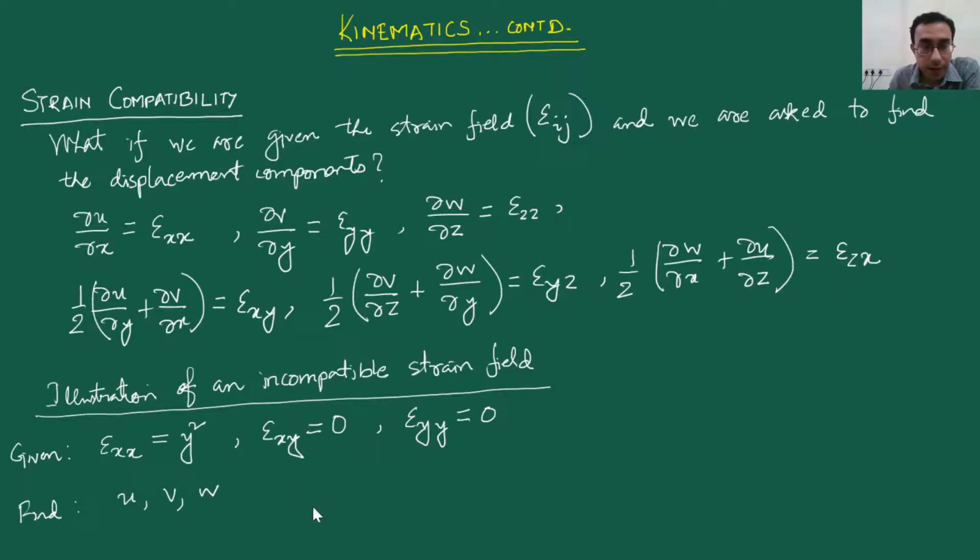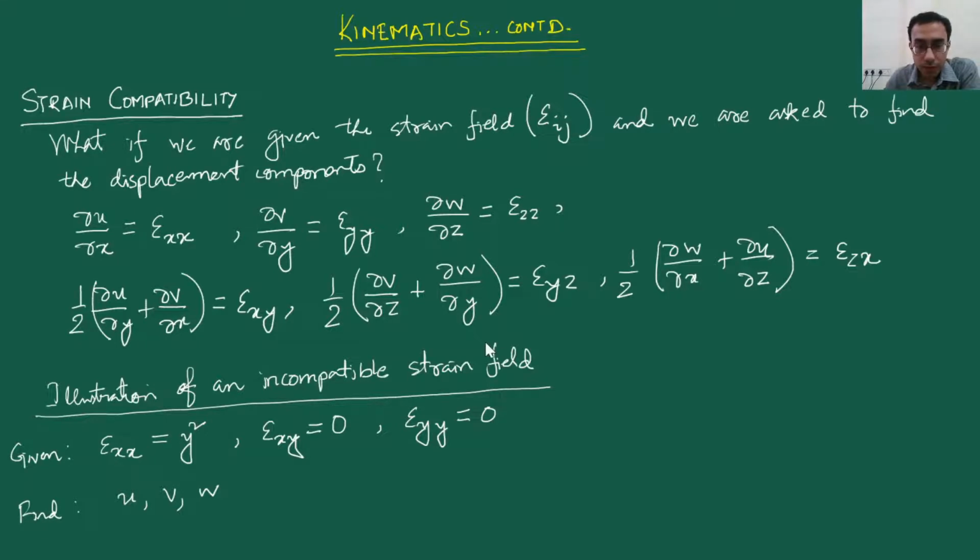So what can we do? At the very outset, we can start with epsilon xx equal to y square. Because we are interested in finding u, v, w, you check from the strain displacement relations that del u del x is equal to epsilon xx. That is what we need to use first to obtain some expression for u.